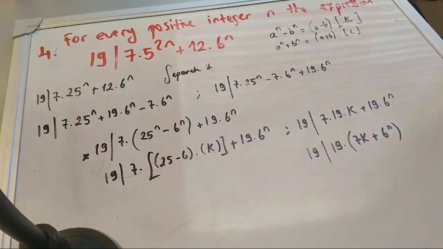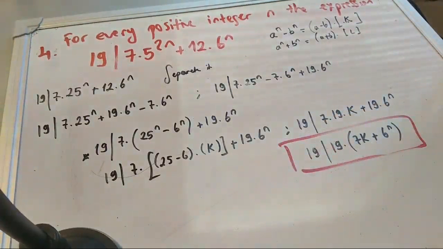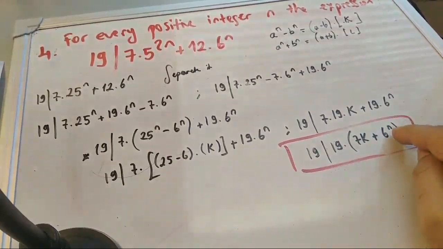Okay. Copy it, please. For example, if n is negative, for example, negative 1, 6 to the power of negative 1, what is it? 1 over 6, a fraction.